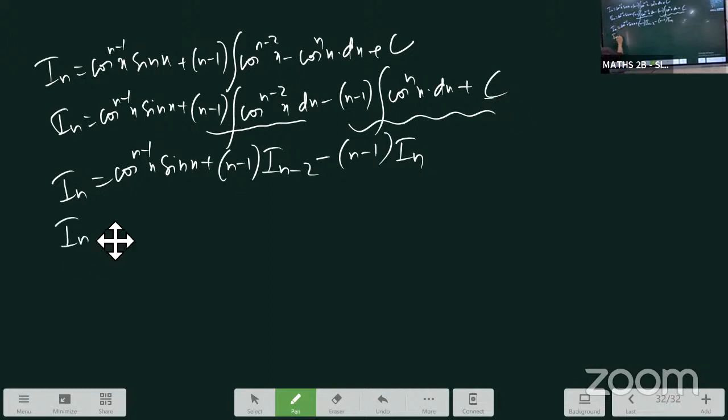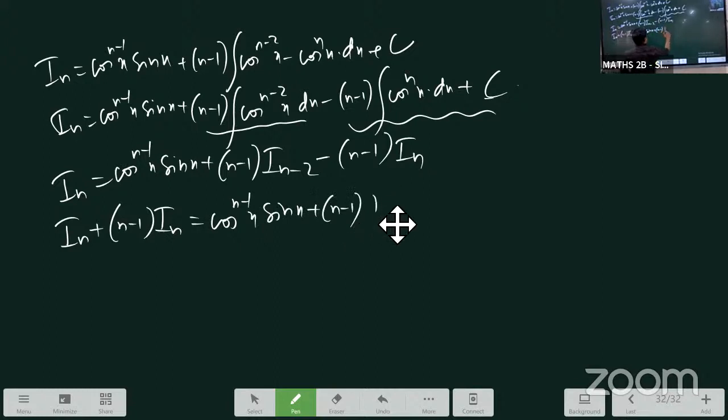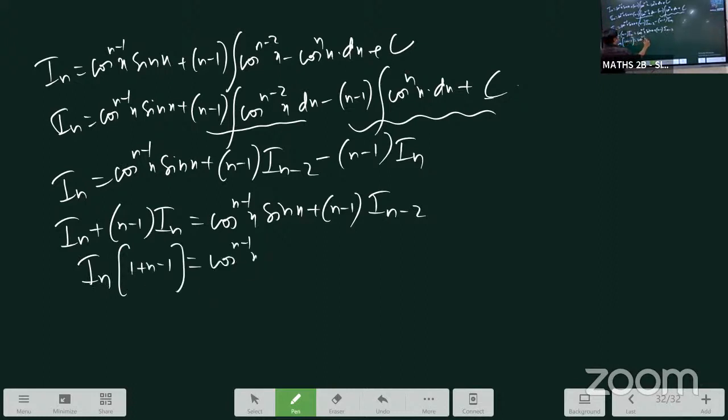Now I n plus, bring it inside: cos power n minus 1 x sin x plus n minus 1 I n minus 2. Now I n plus n minus 1 I n is equal to cos to the power n minus 1 x sin x plus n minus 1 I n minus 2. Now minus 1 plus 1 gets cancelled.